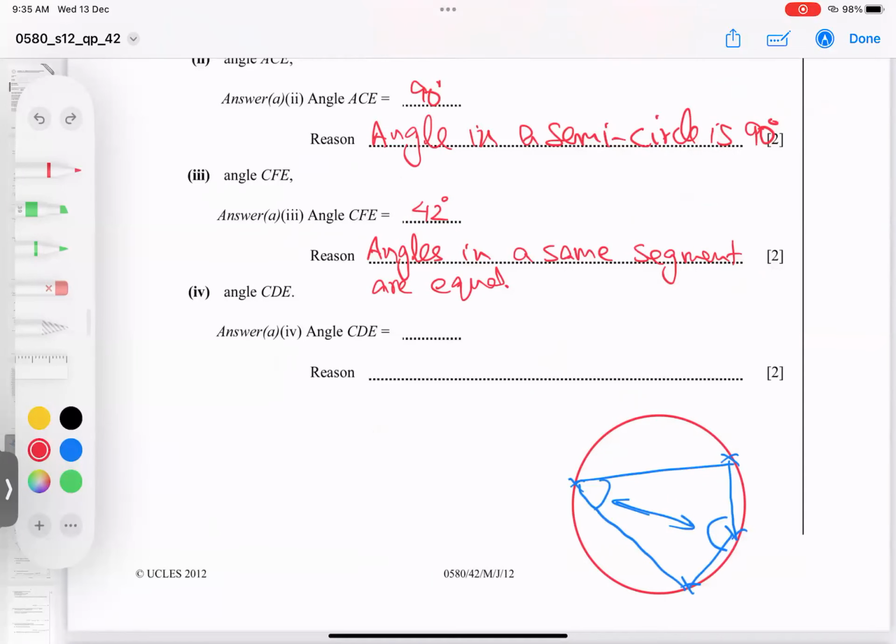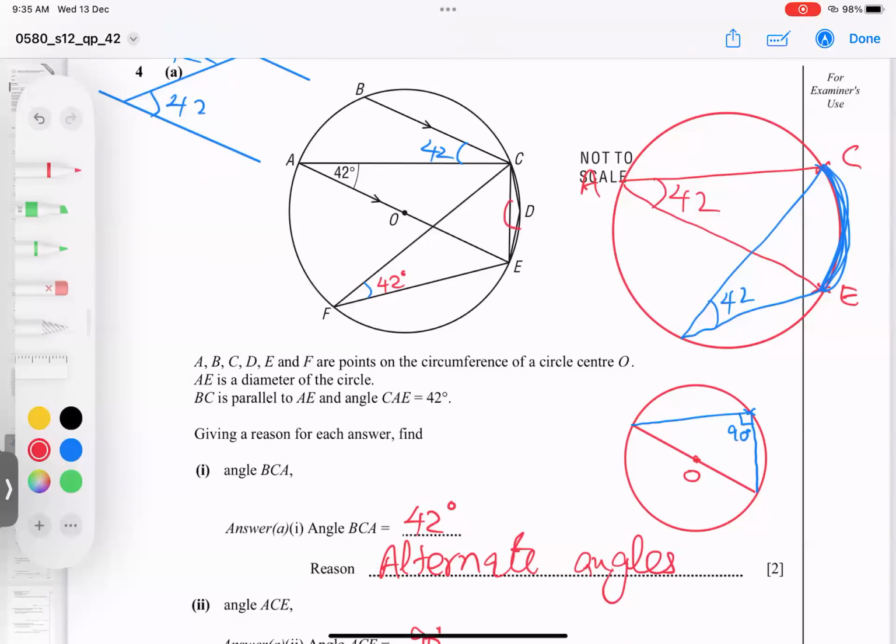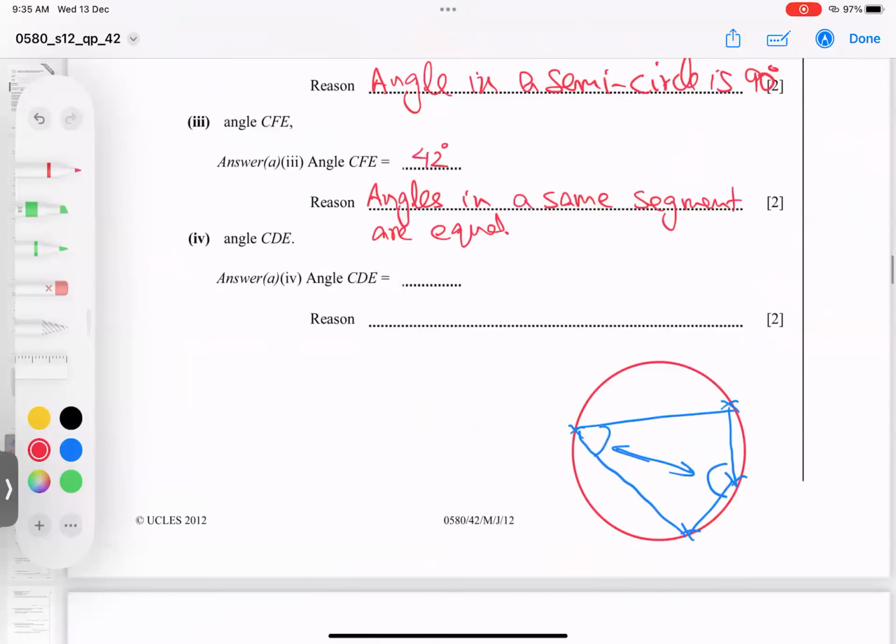So I can say directly, if this is A, how much is this angle? 180 minus 42. Out of 10, 2 gone, 8. Out of 7, 4 gone, 3. 138. So we can say this is 138. And what's the reason?